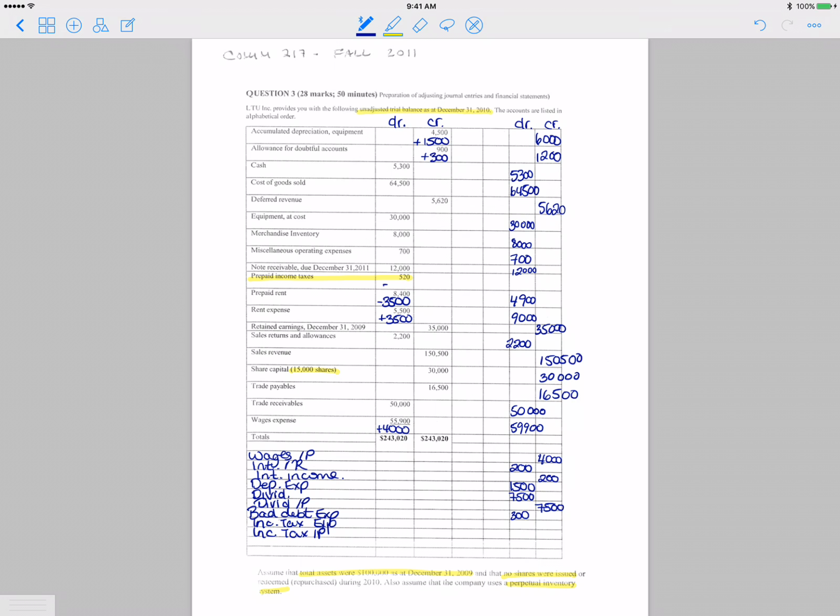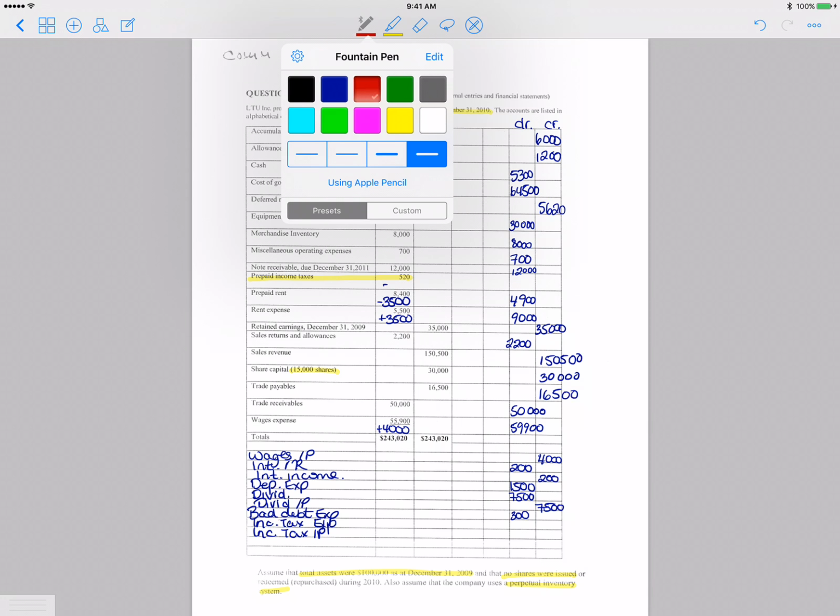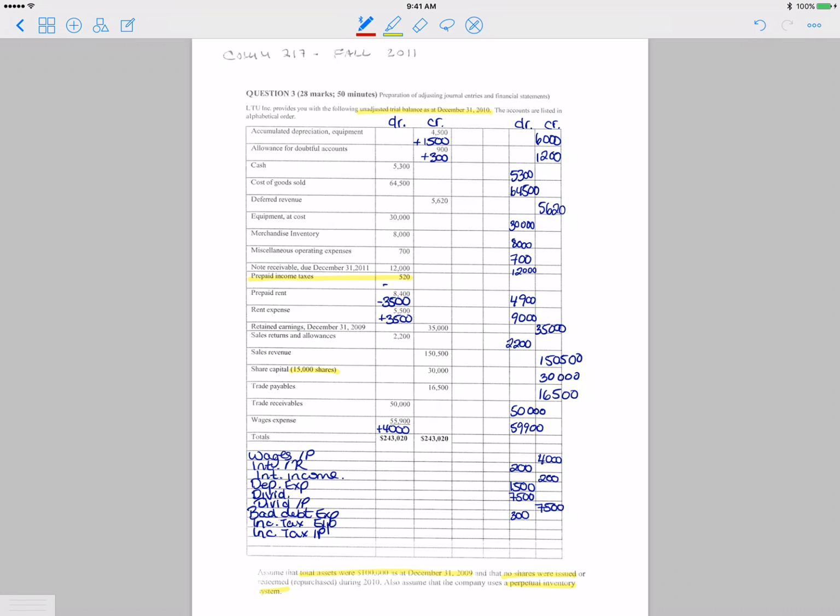So on the side, let's pick a color that we can clearly see. We could label all the accounts that will be included in our income statement, which means any accounts that are involved in revenues and expenses. And since we're also told that we need to do the asset section of a balance sheet, we can also label those.